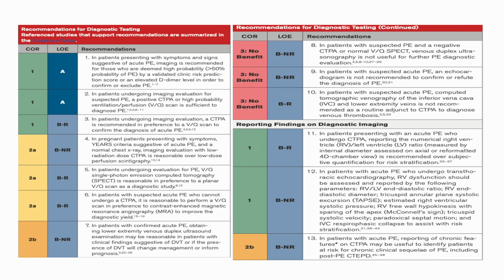Further, they also say that when you are getting a CTPA done, you should also get the evidence of RV dysfunction reported in the CTPA when acute pulmonary embolism is confirmed. Regarding the use of venous duplex ultrasound, they mention that it is useful in patients with clinical findings suggestive of DVT or when the confirmation of DVT will influence our management.